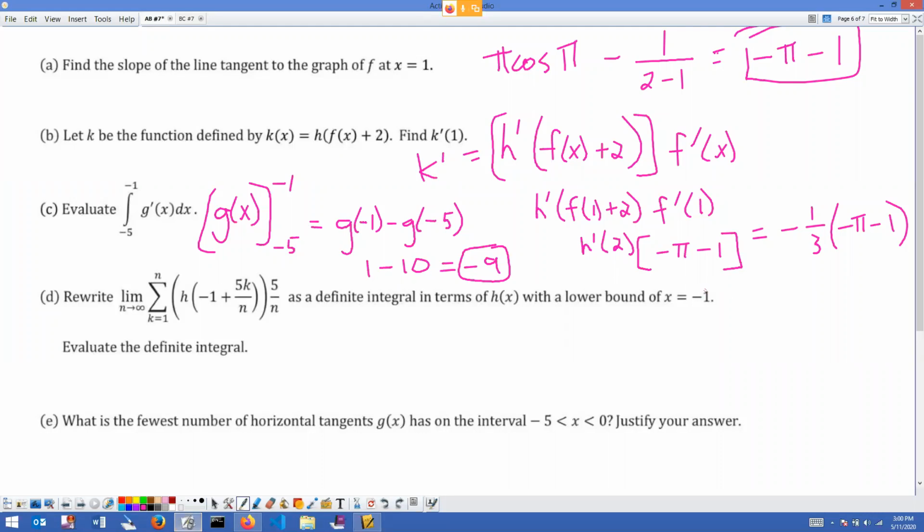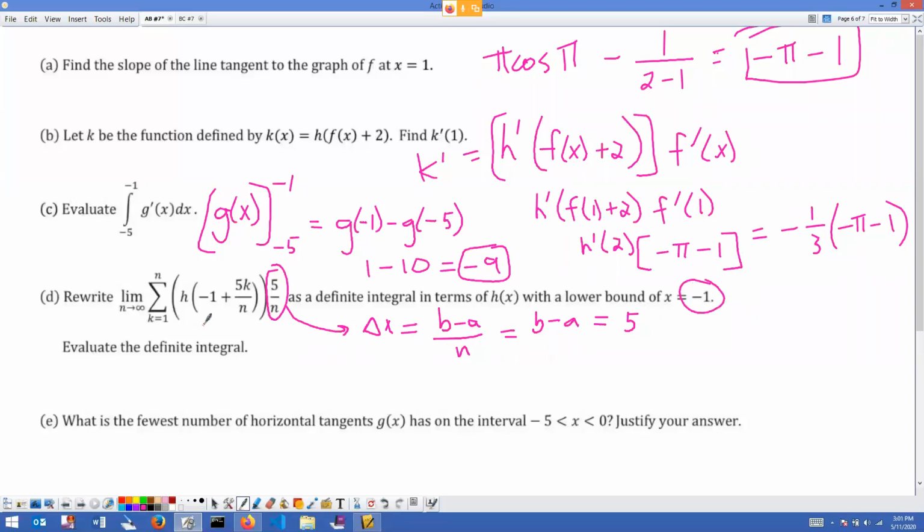When I updated your test sheet today, I put on the two things that the delta x value, this 5 over n, is always equal to b minus a over n. So b minus a equals 5, which tells us that the length of the interval is 5, and that we're starting at -1.